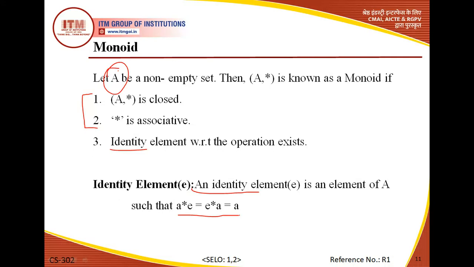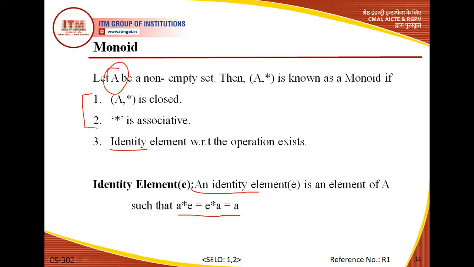If you operate E with any element of that set, the answer would be that same element, then we would say E is the identity element. We studied this identity concept in seventh or eighth standard, but here we are revising it and studying it more abstractly.